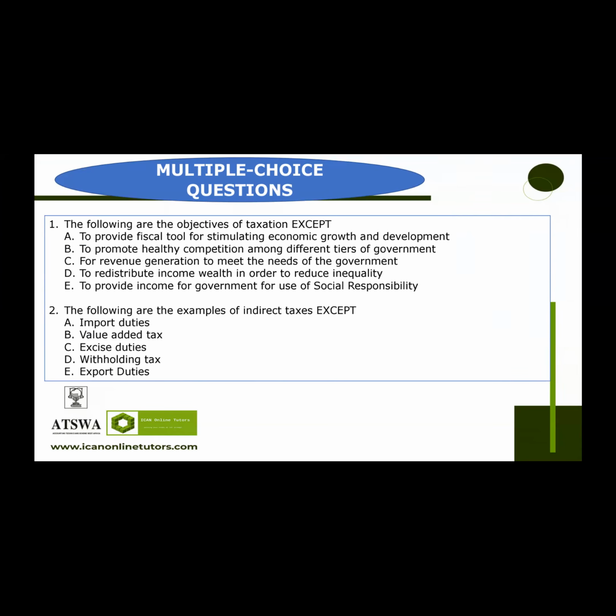The following are the objectives of taxation, except: A, to provide fiscal tool for stimulating economic growth and development; B, to promote healthy competition among different tiers of government; C, for revenue generation to meet the needs of the government; D, to redistribute income and wealth in order to reduce inequality; E, to provide income for governments for use of social responsibilities.